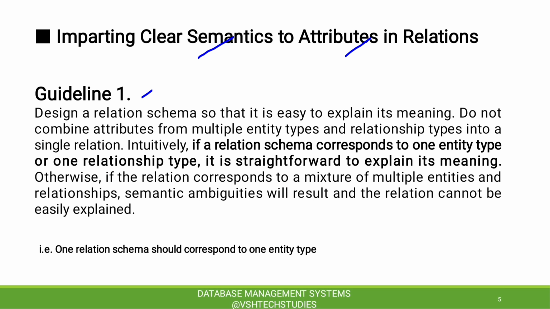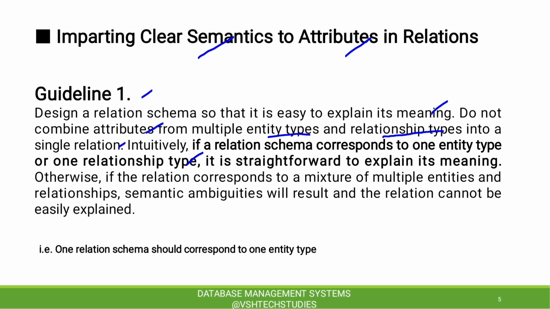Design a relation schema so that it is easy to explain its meaning. Don't combine attributes from multiple entity types and relationship types into a single relation. Intuitively, if a relation schema corresponds to one entity type or one relationship type, it is straightforward to explain its meaning.